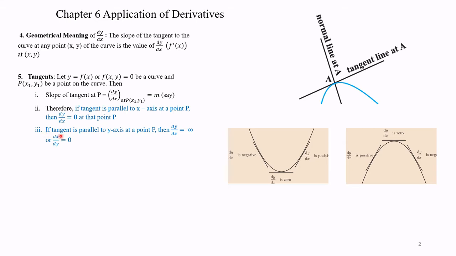Point number 3, if the tangent is parallel to the y-axis at the point P, then dy by dx is equal to infinity. So in a hypothetical case which is not shown in the figure, if this line becomes parallel to the y-axis, then dy by dx is equal to infinity, or reversing, dx by dy should be 0.